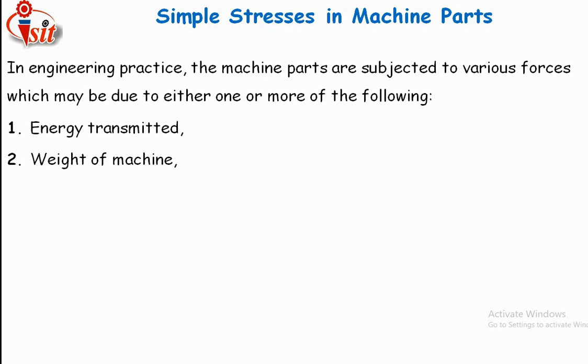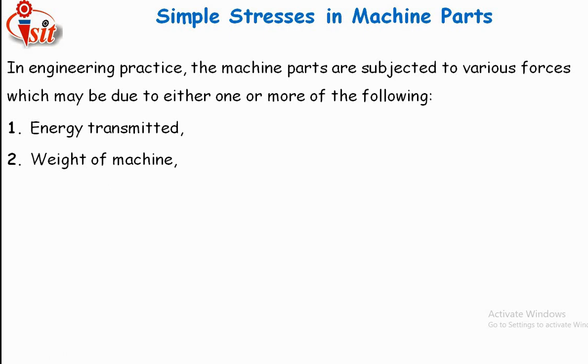So this is the basic task, the transmission of energy. When this energy is transmitted through the different mechanisms, this is the first parameter which enables the subjection of different types of forces on the machine element.